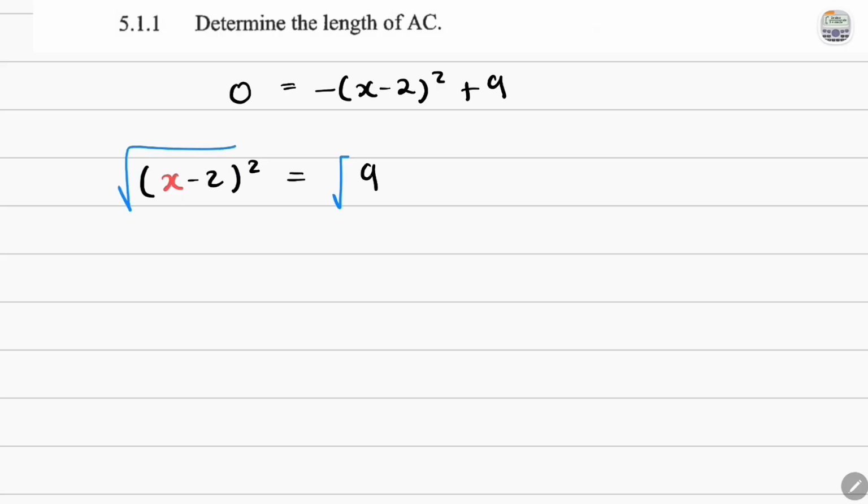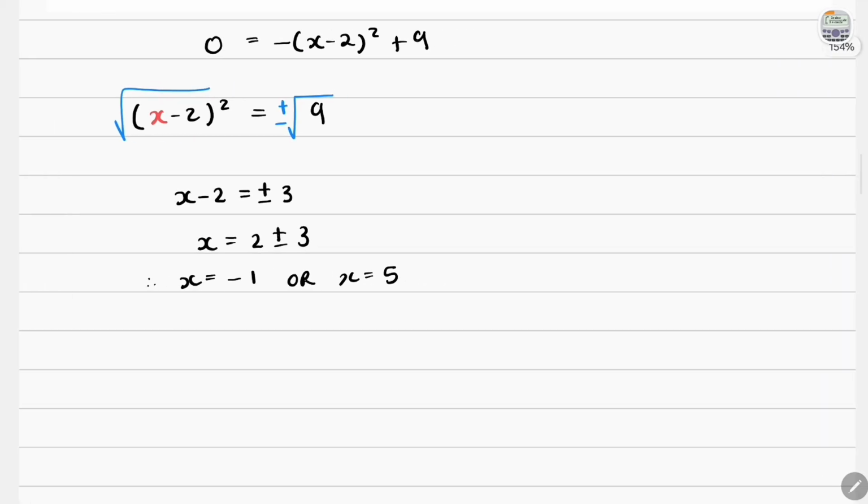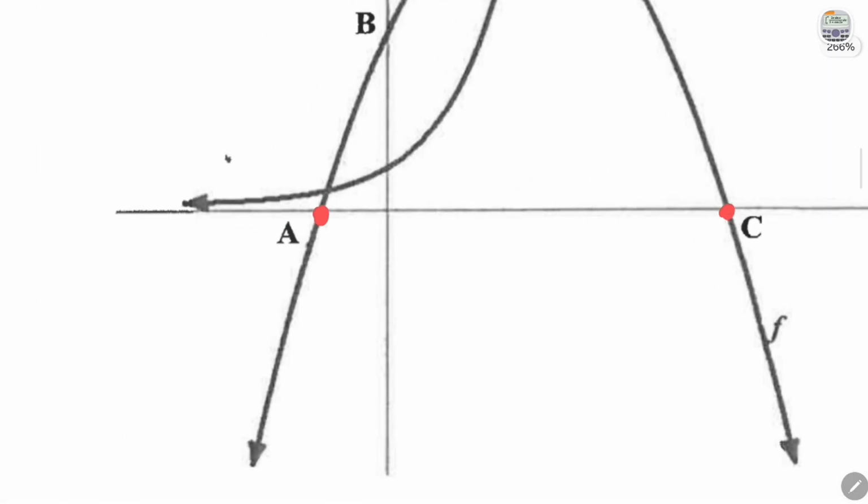So square root and square root. But this is an equation, so you need to consider the positive and the negative solution. So x minus 2 is now equal to positive or negative 3. Therefore, we are saying x is either equal to 2 minus 3, which is negative 1, or x is equal to 2 plus 3, which is positive 5. And those are our answers. So that is negative 1.